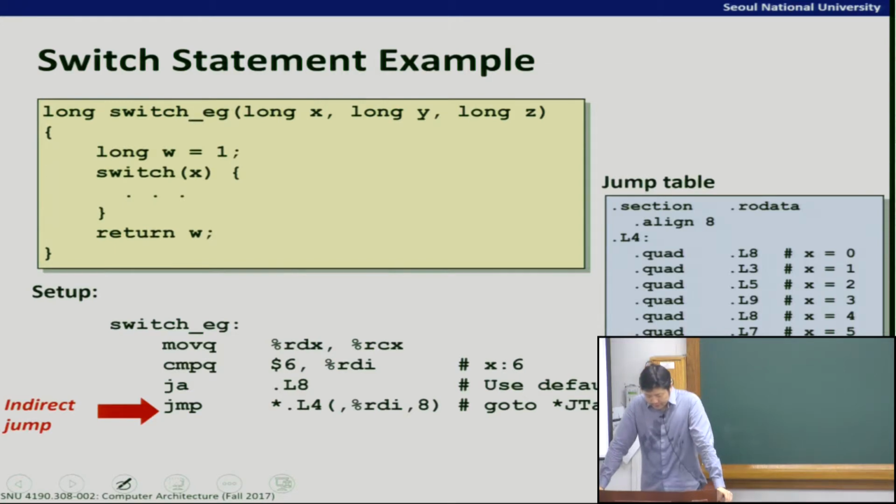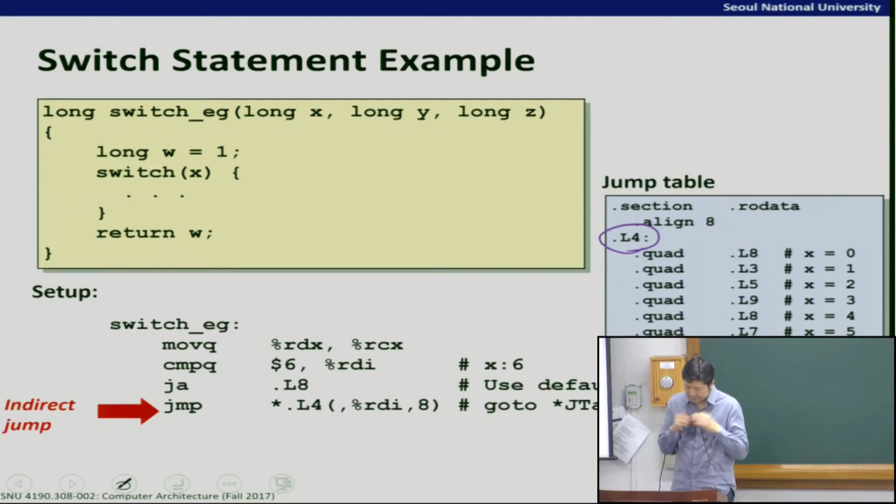So here is what the jump table looks like. The jump table starts at the location L4, the starting address of the jump table. And there are 7 entries: 1, 2, 3, 4, 5, 6, 7. The jump table holds target addresses for 7 entries, 0 through 6.